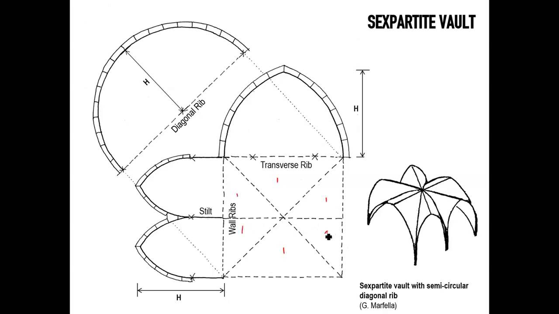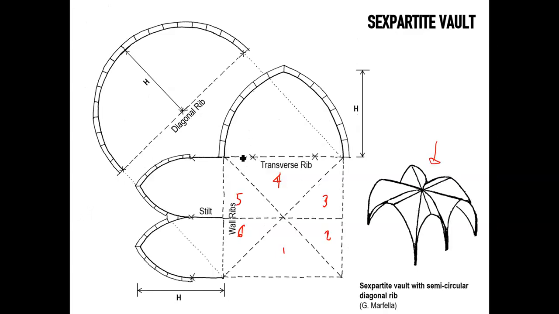So overall you have the 6 partitions of the bay. There is no rib that runs longitudinally along the nave of the church in the traditional French Gothic sexpartite vault. And you can see here a representation of this vault with a diagram.